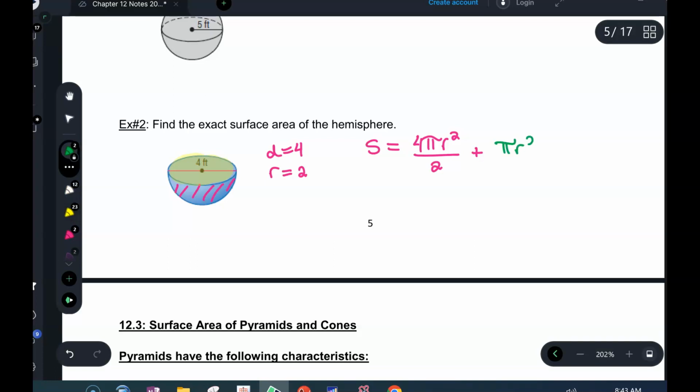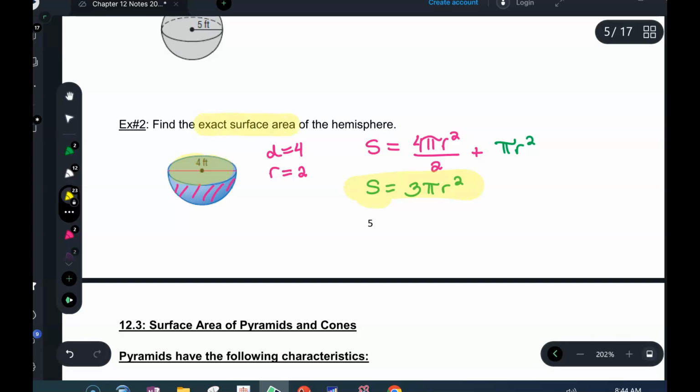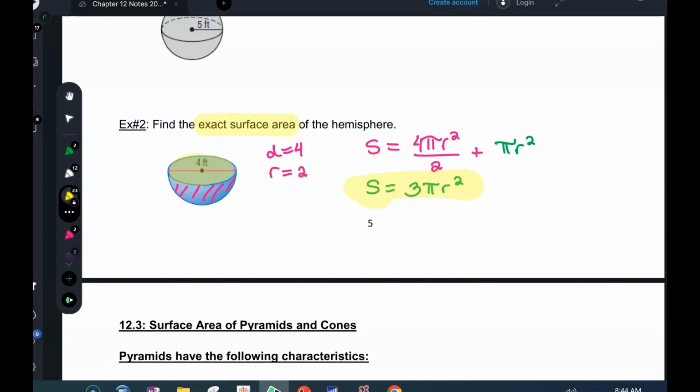So the surface area of a hemisphere is always going to be 3 pi r squared, because this would be 2 pi r squared plus another pi r squared, which gives us 3 pi r squared. Why are we adding another pi r squared? 4 pi r squared is for the outside.